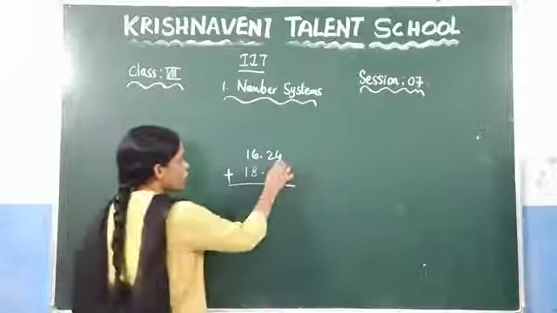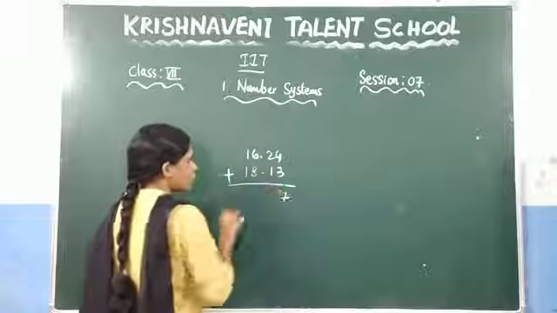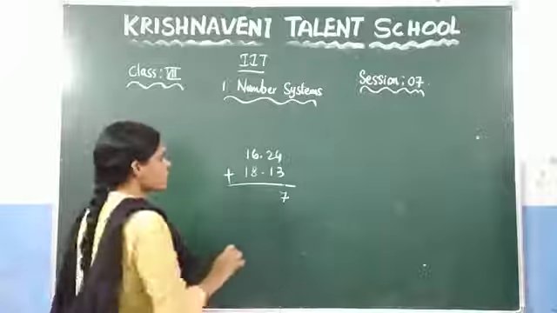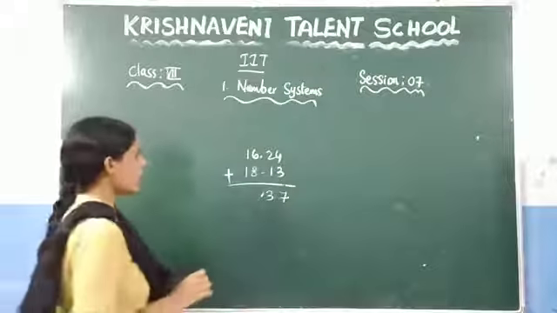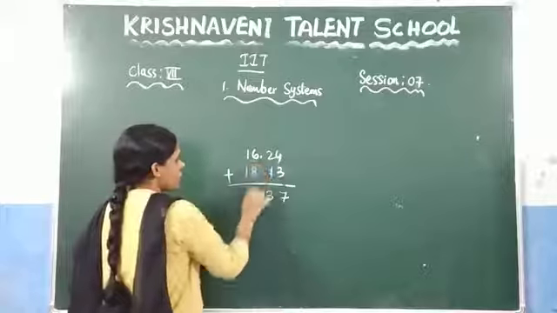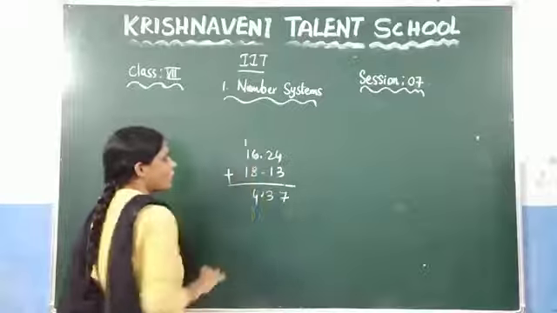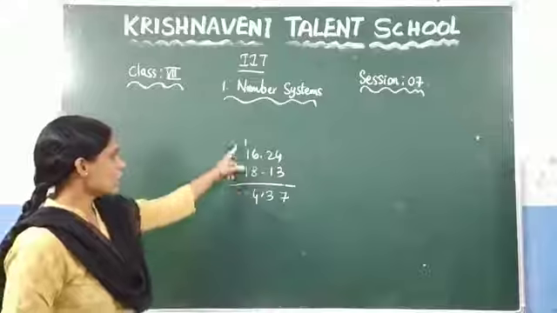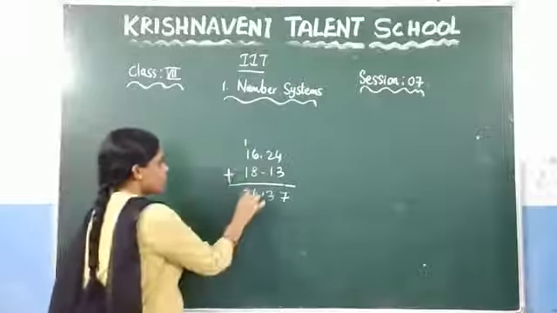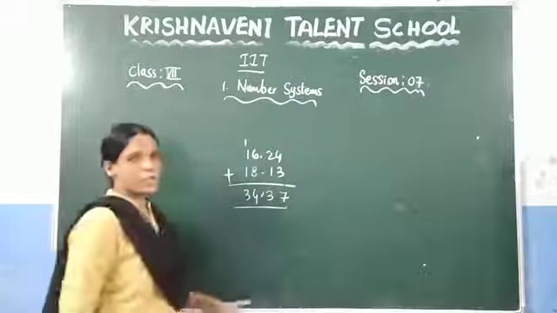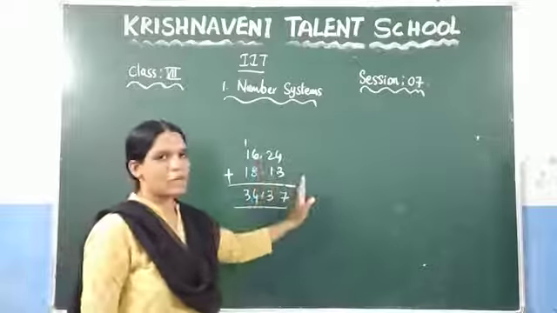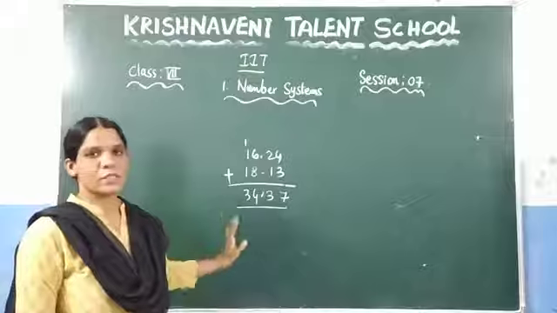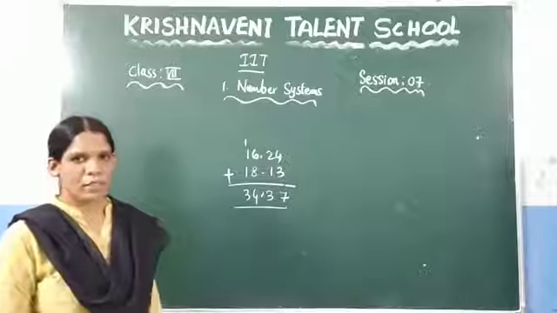The value of 4 plus 3 is 7, and 2 plus 1 is 3. Here 6 plus 8 is 14, carry 1, and 1 plus 1 plus 1 is 3. Like that you need to add. Just normal addition. First you add this side and after that you go for this side. Like this you need to add two decimal numbers.